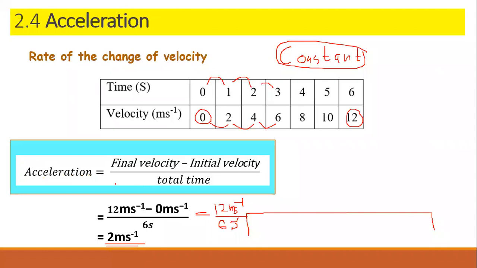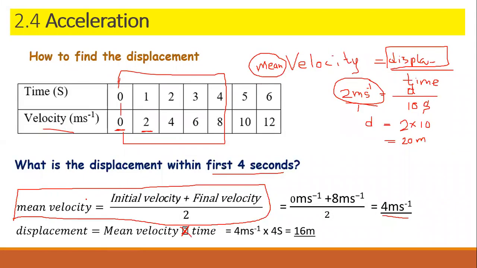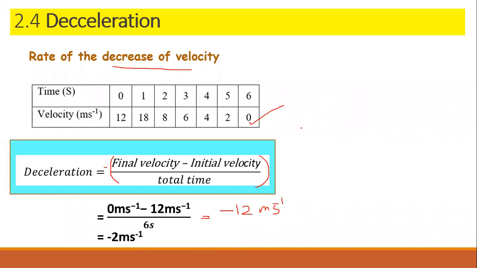This is the normal thing. Acceleration is like this, but deceleration is the minus acceleration. So we have to mention it at the beginning like this. So we have a minus mark here.